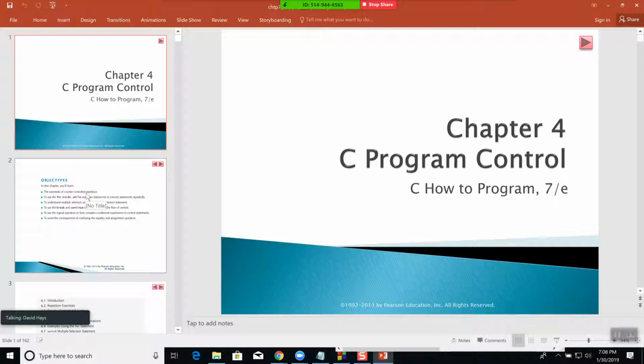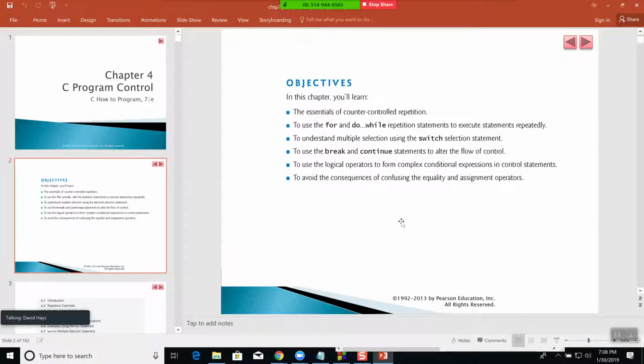And it's some more repetition structures, more controlling the flow of the program. And I think there's also the math library introduced in here. There's some other items too.